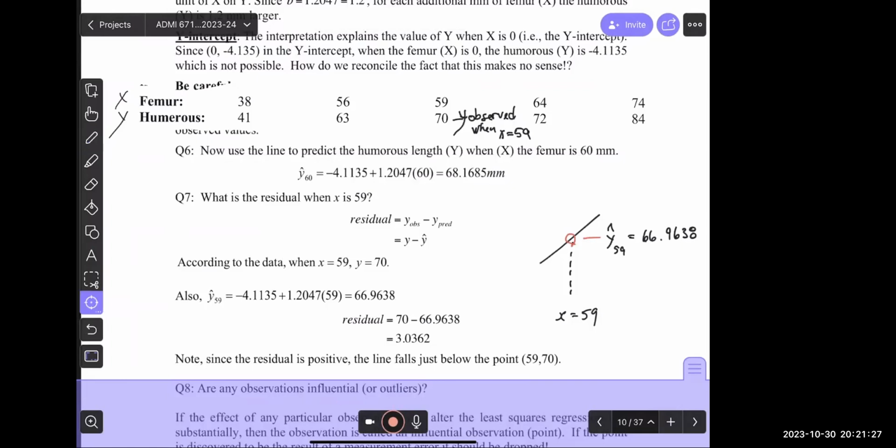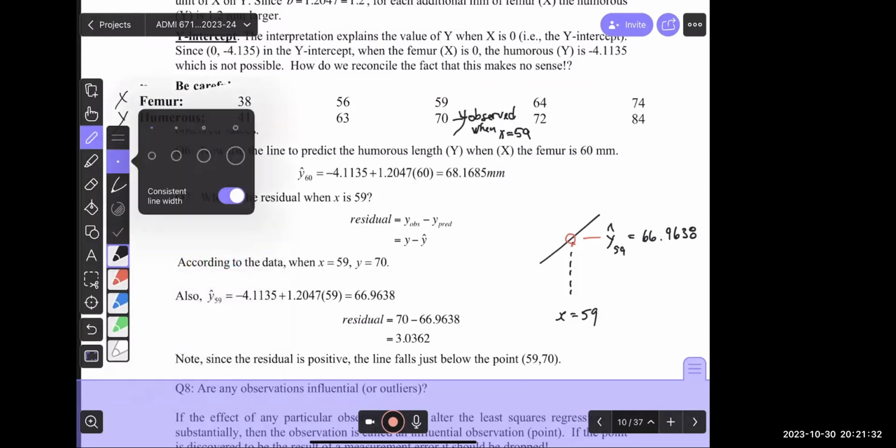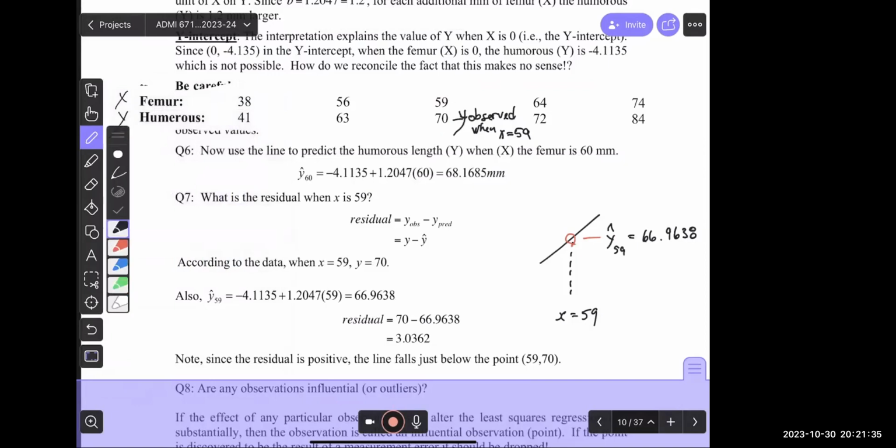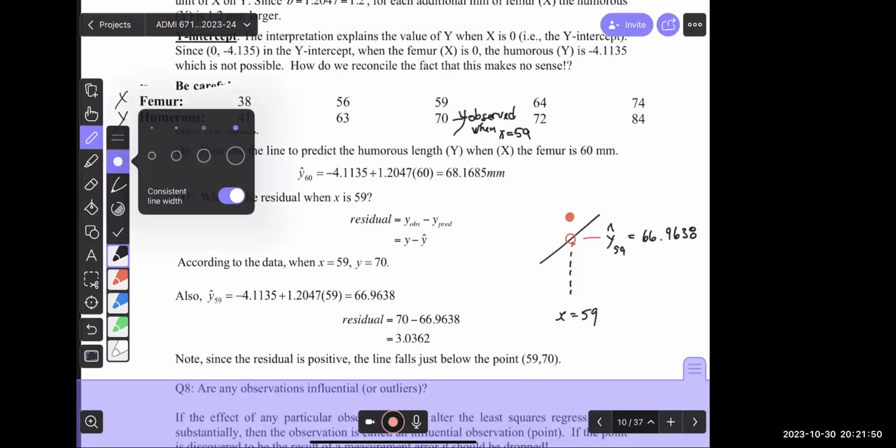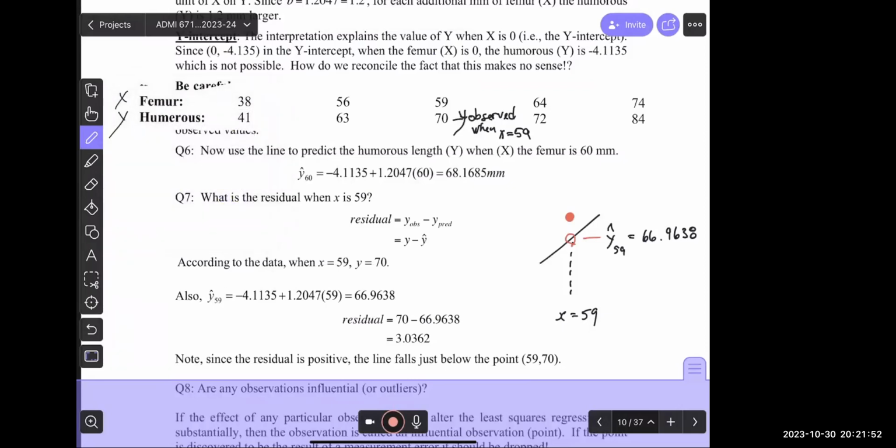But in the data at 59, it was 70. So the observed value is where? Above or below? Right here. Okay, so this is the observed value.